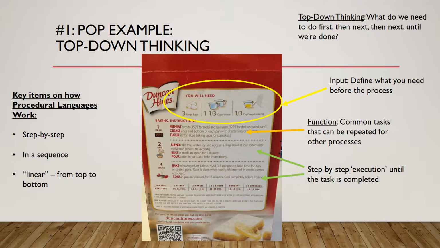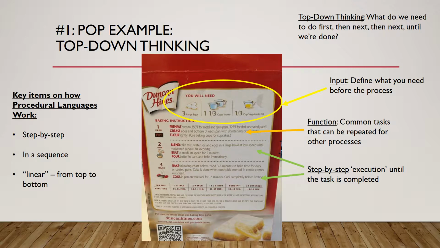For example, I noted preheat, grease, and flour could individually be functions, and those individual functions could be stored off in the library. And if I was writing another program for chocolate cake instead of vanilla cake, I would use the same 3 preheat, grease, and flour functions without having to recode those items.